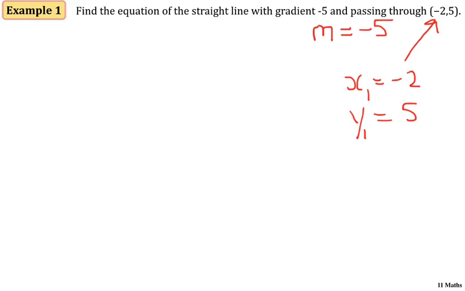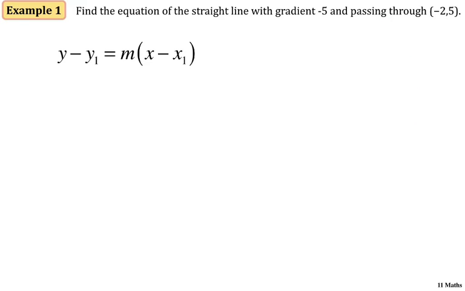So that's the information we've got, which means we can use the formula y take y1 equals m, x take x1. We'll end up with y take away y1, which is 5, equals gradient minus 5 x minus 2.